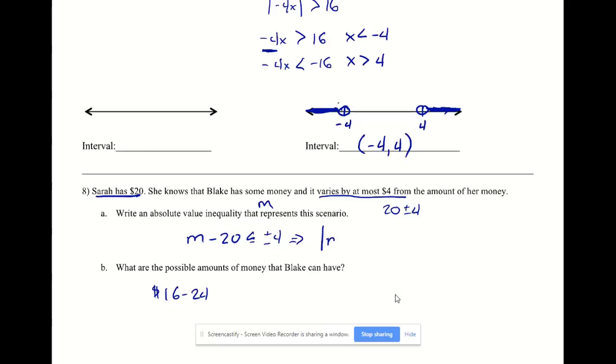The absolute value of M minus 20 is less than or equal to 4. And there's our equation. So the anchor value, which is Sarah's, because we know exactly how much money it is, is going to be subtracted from our variable and set in an inequality against the amount it varies by. All right, so you can hit pause, and we're going on.